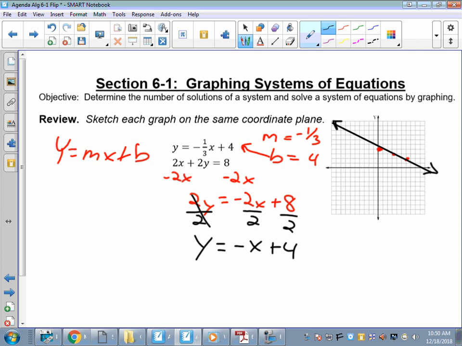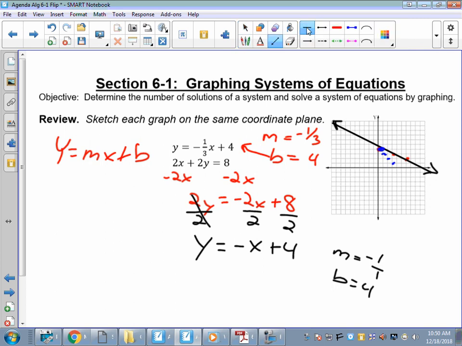So here, when we look at this, we end up with, again, we're starting at 4. Now we've got a b value here of 4 as well, and our slope on this one is negative 1, or you could say negative 1/1, rise over run style. So again, I'm going to begin with my b, positive 4, and then I'm going down 1/1, down 1/1, down 1/1, and so I've got my slope there.